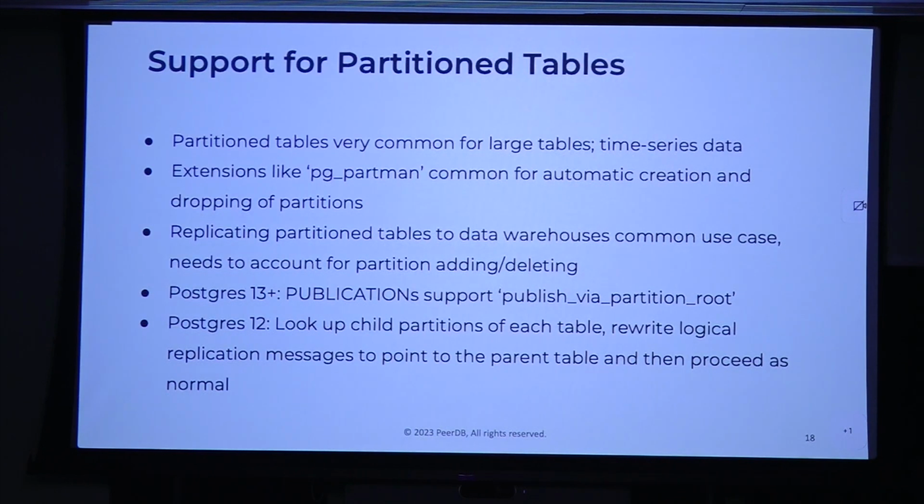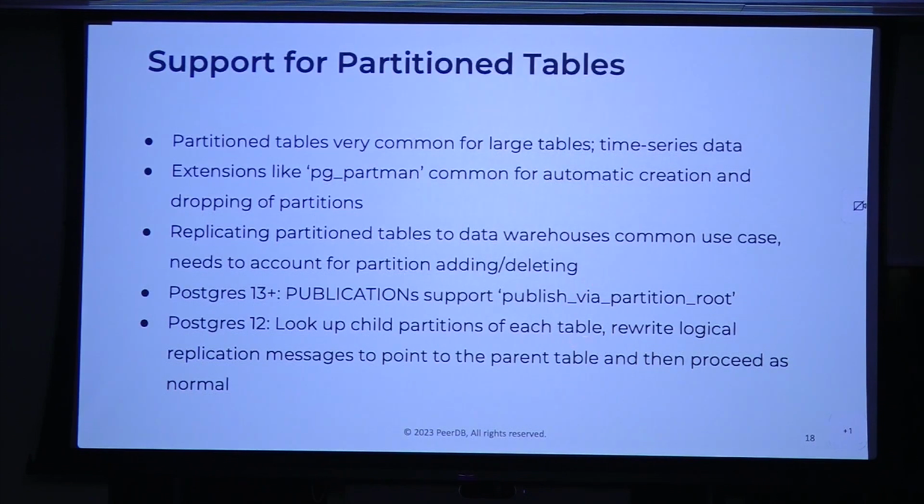In Postgres 13 plus, partitions support an option that rewrites the logical replication message to refer to the parent table. How partition tables work is, we have a parent table which is a virtual table, and a lot of child tables which actually store the data, and the parent table is just a reference to the child tables. In Postgres 13 and above, we can use this option to make the replication message seem like it's from the parent table.